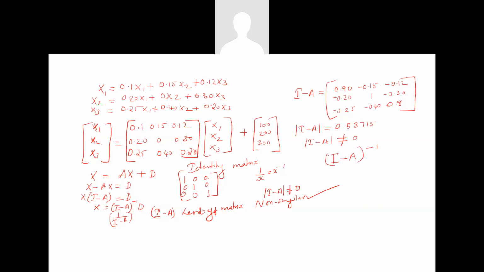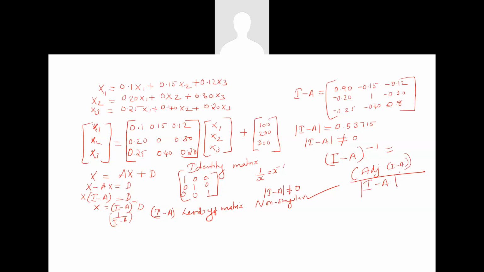Now the next question is how to find the inverse of a matrix. It is given as the adjoint of I minus A divided by the determinant of I minus A. That is how you calculate the inverse of a matrix.